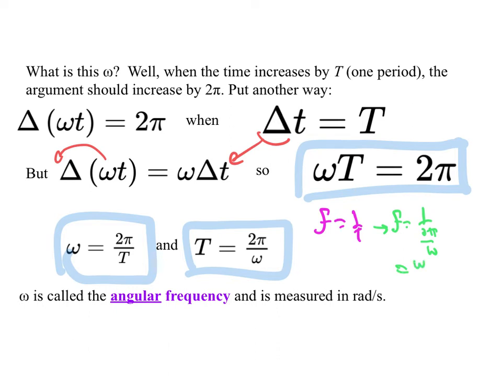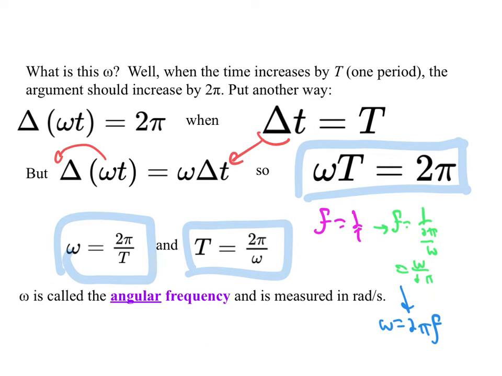So f is omega over 2 pi, often written as omega is 2 pi times f, which is why we call omega the angular frequency. It's the frequency multiplied by the 1 cycle angle, which is 2 pi.